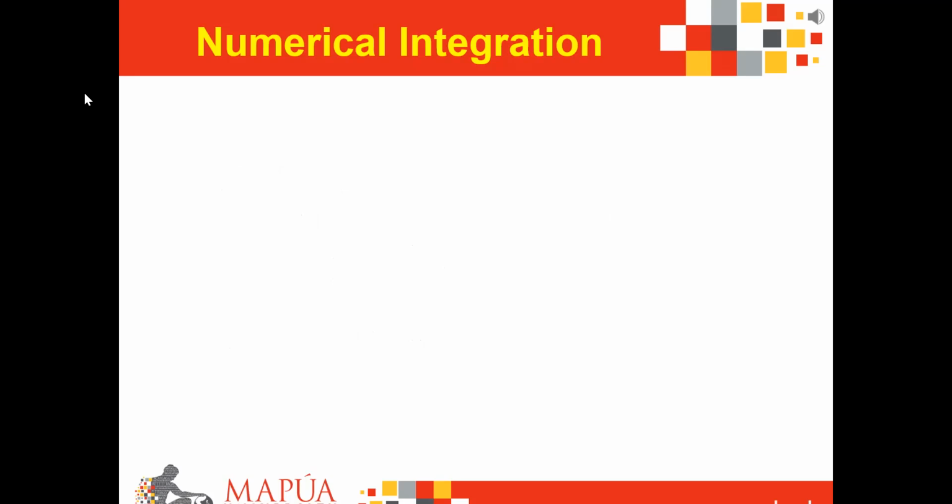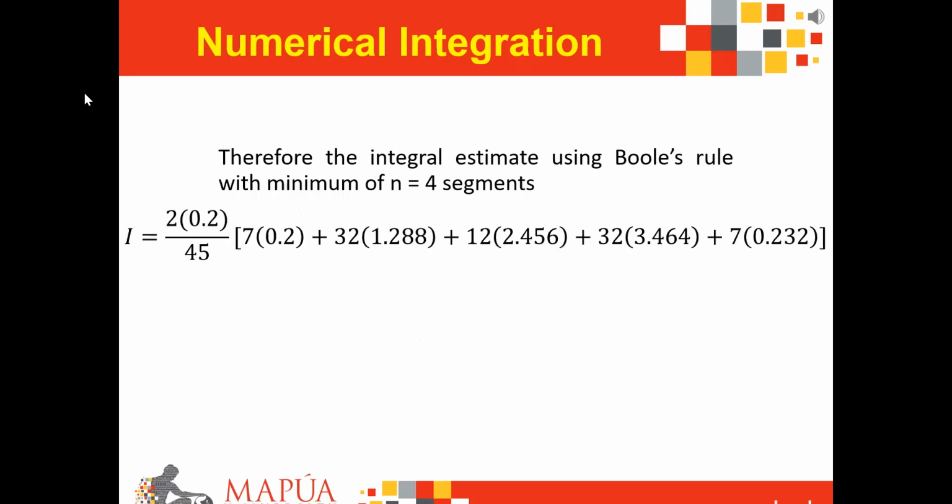Applying then our Boole's rule formula, we'd end up with a solution equal to 2 times h, which in this case is 0.2, over 45, with a respective pattern of functions: 7 times 0.2, which is our first function, plus 32 times 1.288, which is an odd function f(x1), plus 12 multiplied by 2.456, which is an even function f(x2), plus 32 times 3.464, which is an odd function f(x3).